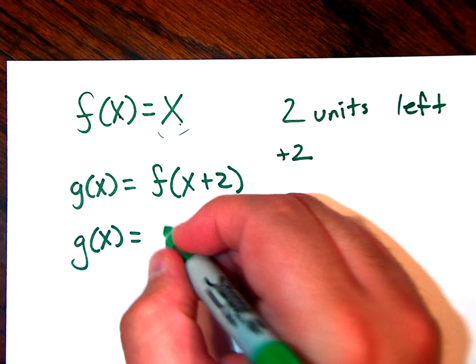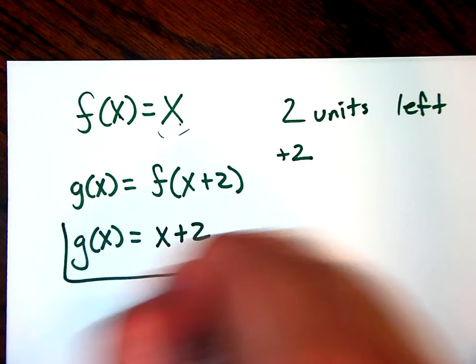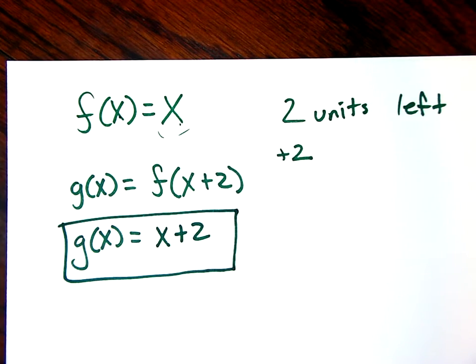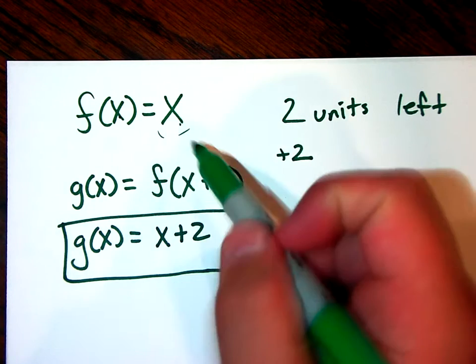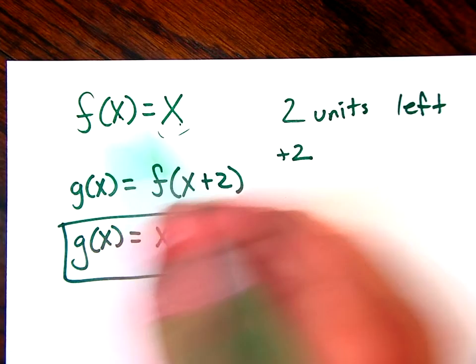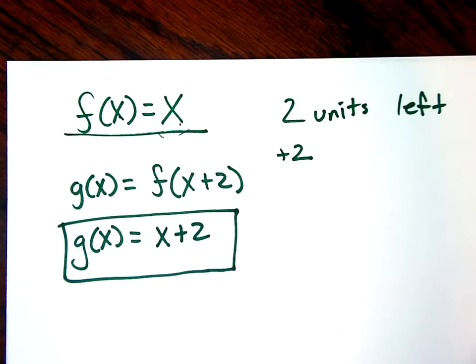So g of x is just going to equal x plus 2. And this will be my new translated function. That one is pretty easy to look at, but it can be slightly confusing because the function is so simple. I know that's counterintuitive, but it makes it a little more confusing to get what we're trying to do here.